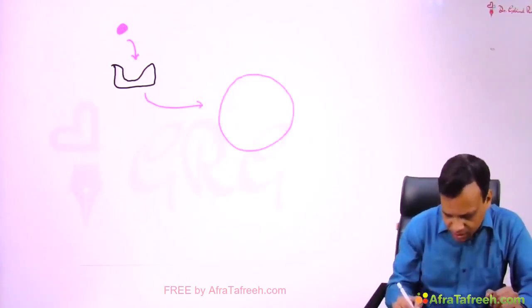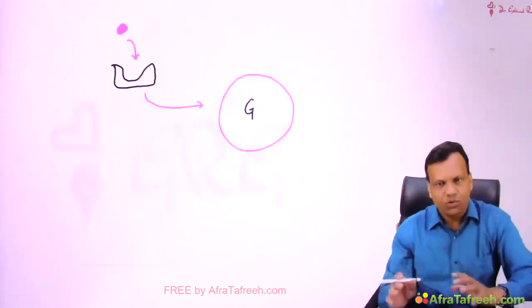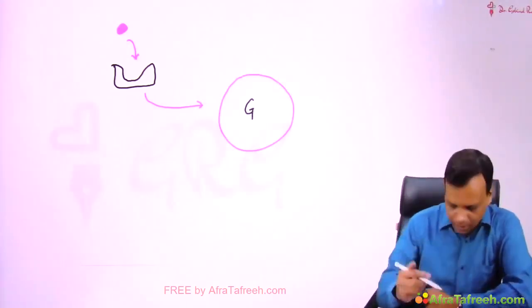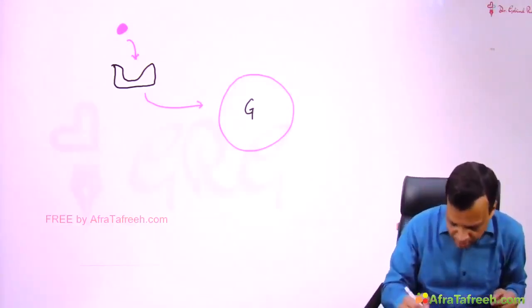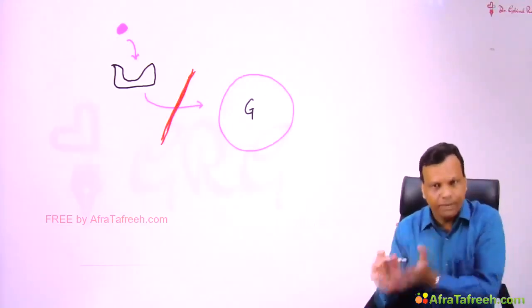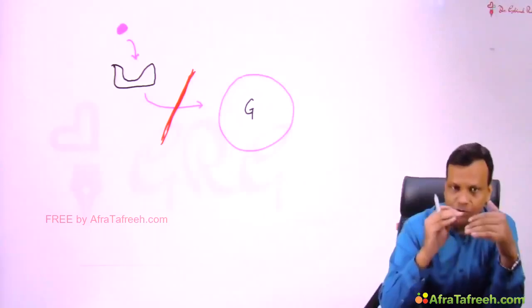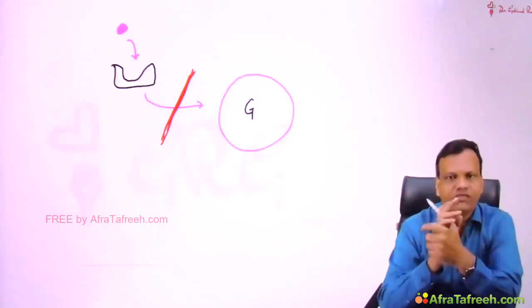We know G protein consists of three subunits, alpha, beta and gamma, and this G protein is broken, then the action will come. Now when the agonist is constantly present, it is not able to stimulate the G protein. The coupling does not happen. So when the G protein coupled receptor is not able to couple with the G protein, obviously the action will stop.